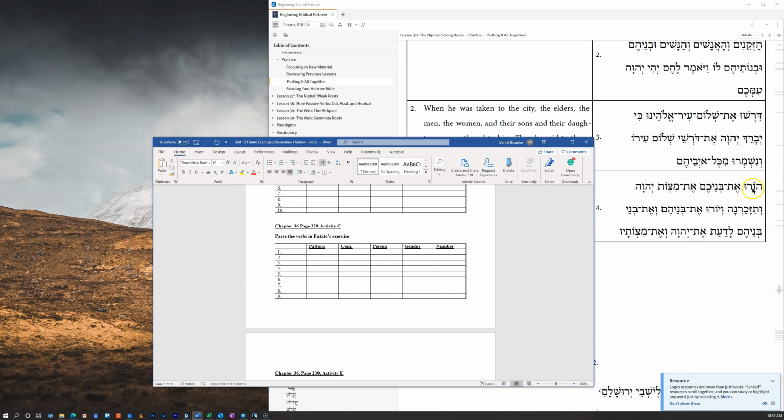So here, horderu, this is a verb, believe it or not. A couple of things to convince you that it's a verb is basically the shuric. Shuric is an unusual suffix to have on a noun.